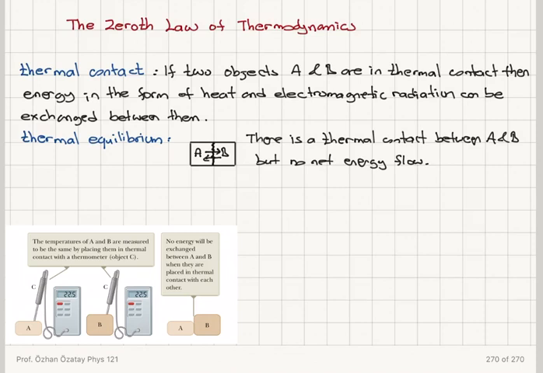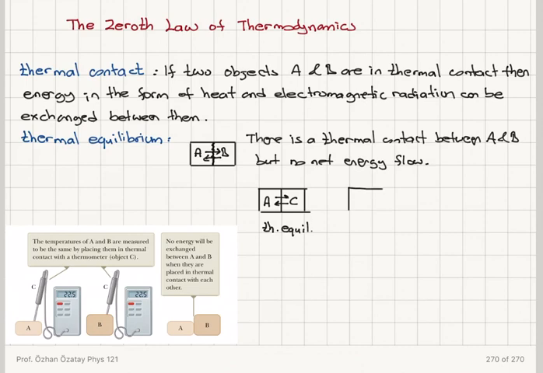Now we're going to discuss a situation where we have a system A in thermal contact with a system C, and a system B in thermal contact with a system C separately. So I make a thermal contact between A and C. I find that there is no net energy flow between the two.